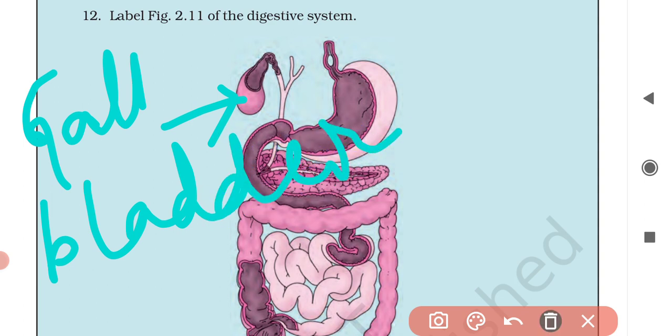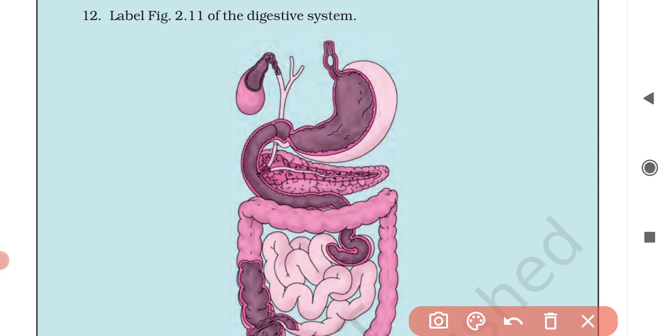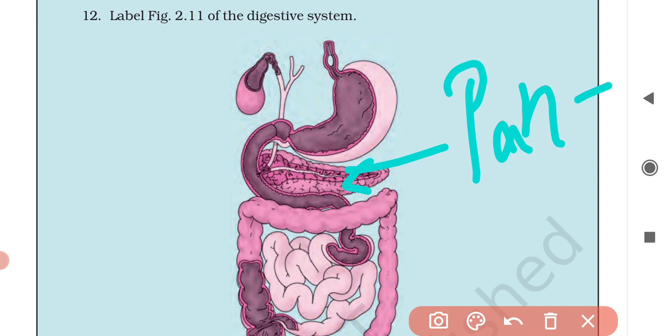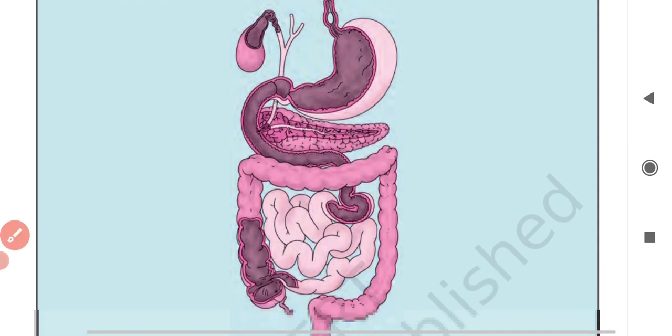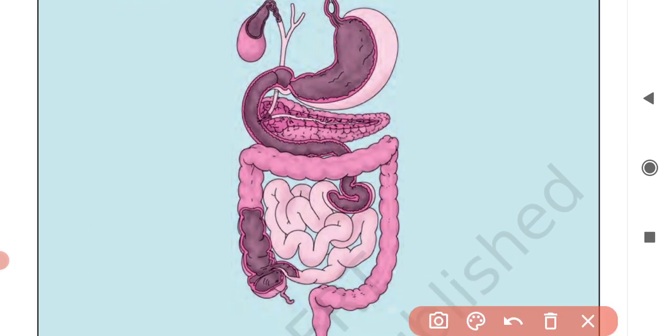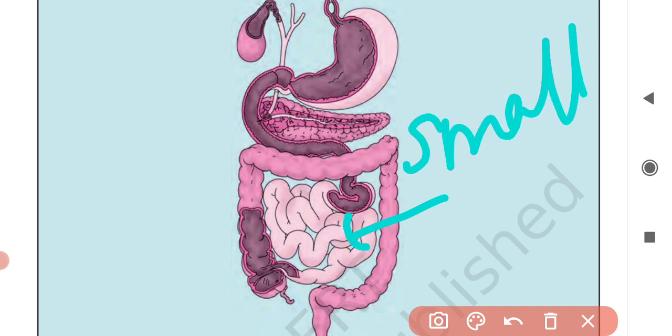Okay, next is this, your pancreas. Okay, pancreas. Next is your small intestine, right? This is the small intestine over there.